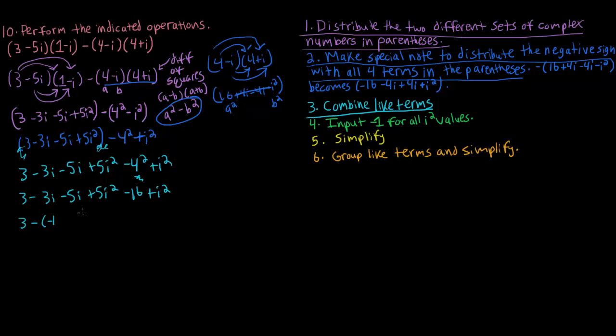No, that's not right. It would be 3 minus 16, then it would be minus 3i minus 5i plus 5i squared plus i squared. And 3 minus 16 is negative 13.